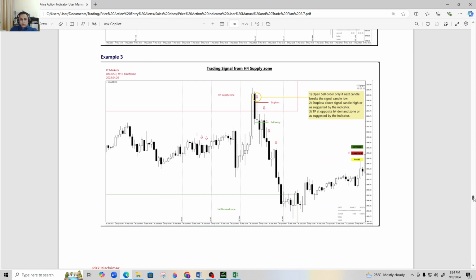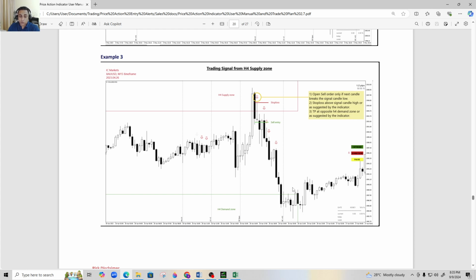So if you are using MT5 or cTrader, you can always load the price action entry alerts indicator on an MT4 demo account and trade those signals on MT5 or cTrader.